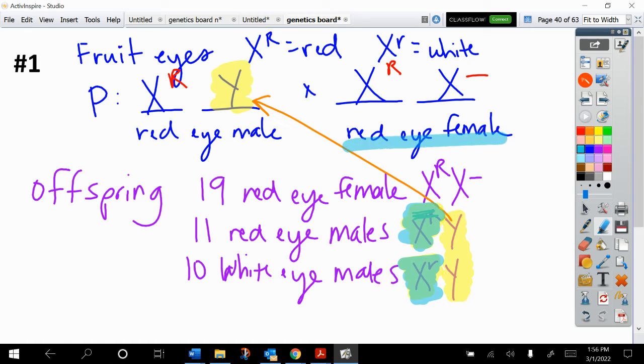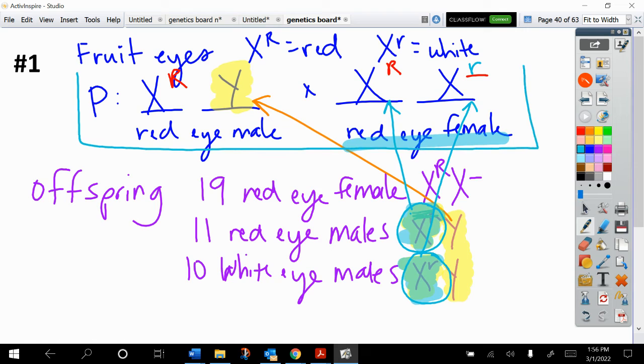So because of this, we can see that the offspring have X capital R, which comes from the red-eyed female, but also X lowercase r, so that also had to come from the female. So the female would be X capital R, X lowercase r, a carrier, and these would be the genotypes of the parents in this example.